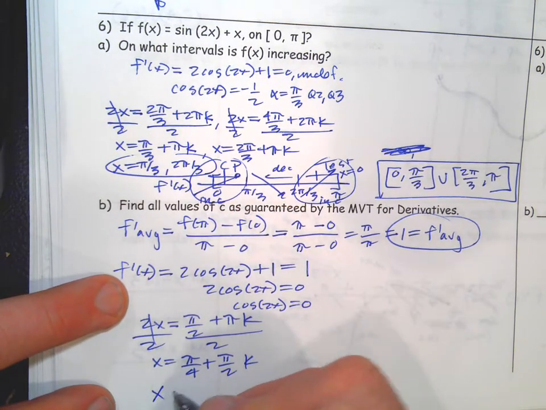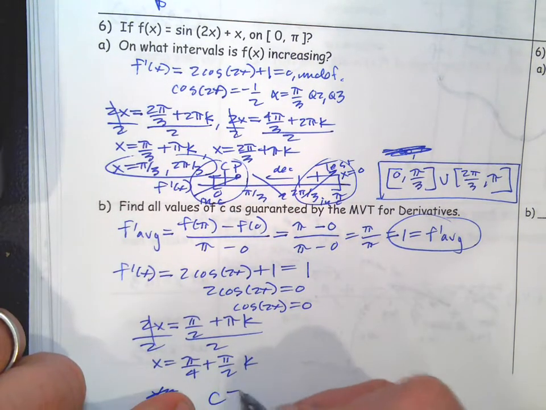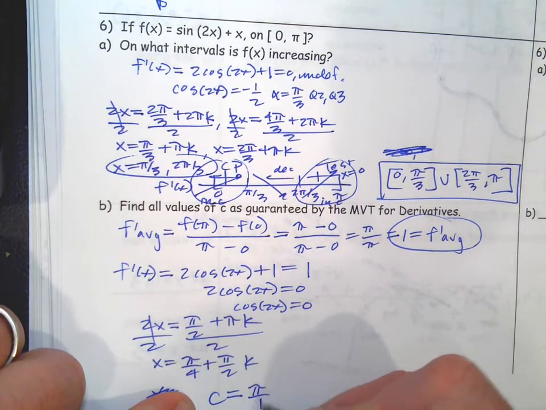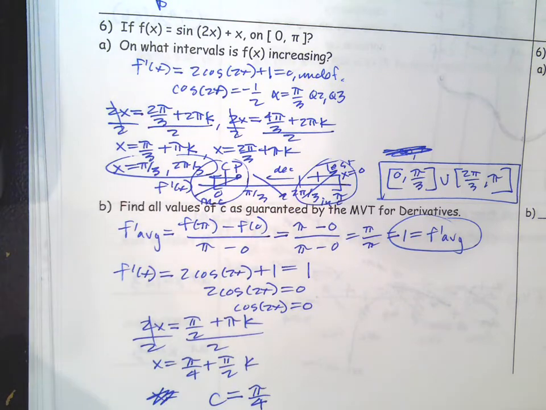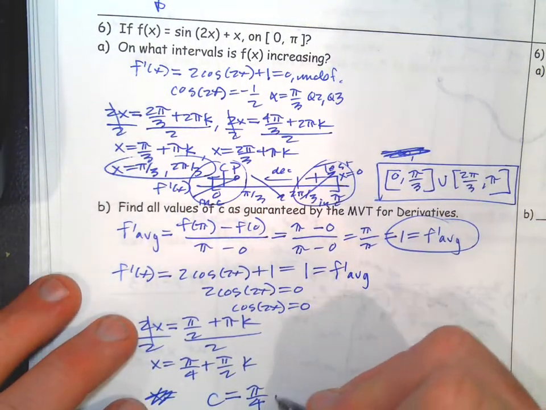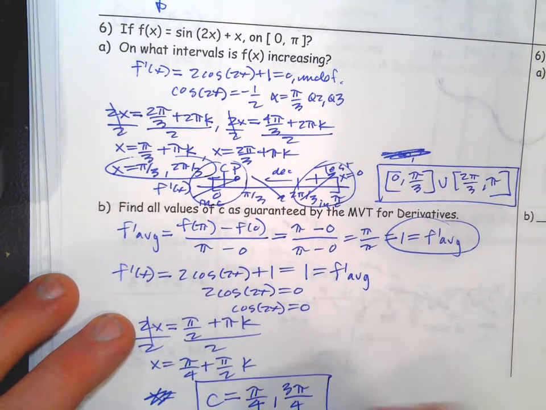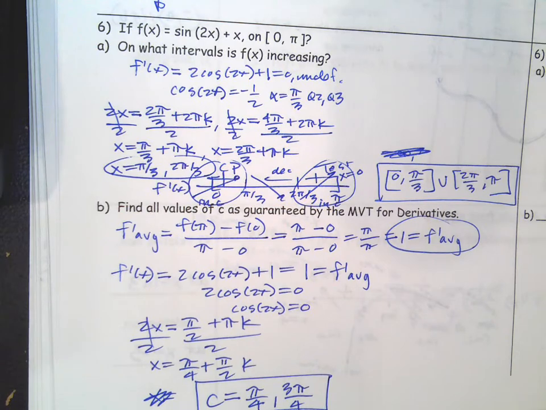We want all the values between 0 and pi. We call those c values, by the way. This is the location where the actual derivative equals the average derivative, which is guaranteed to happen at least once if the requirements for the mean value theorem are met at the beginning.